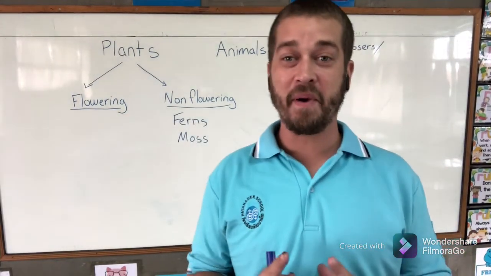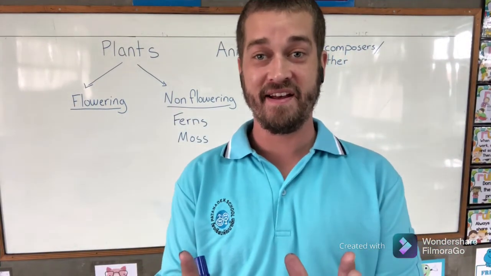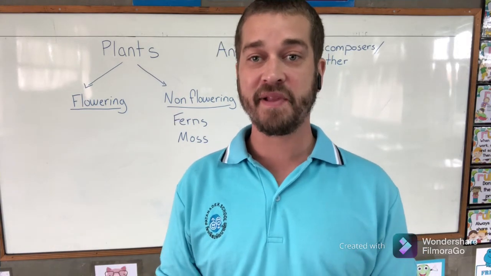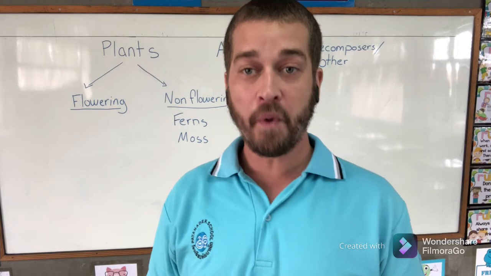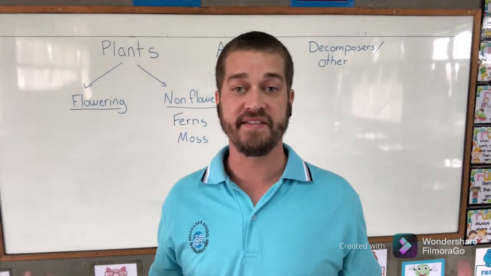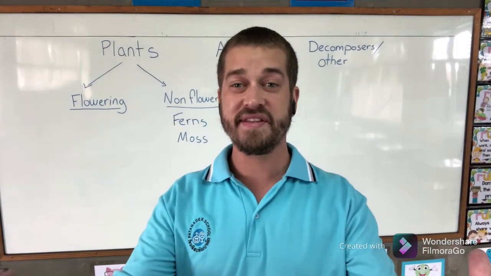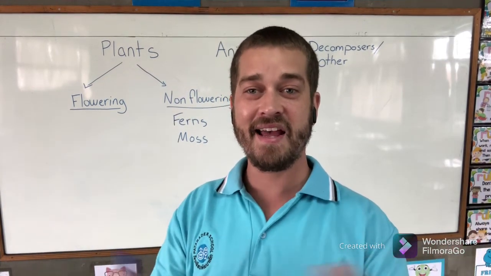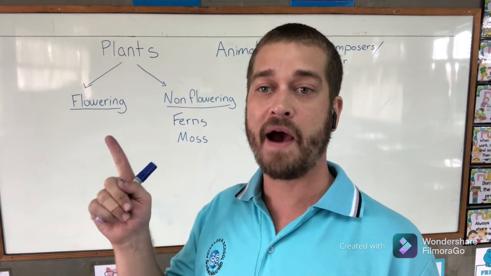We also had a bunch of other plants like bananas, mulberry, rosemary. All of these plants had flowers. There's plenty more than that you could probably think of, like sunflowers, roses, daisies, daffodils, dandelions. So many plants are flowering.